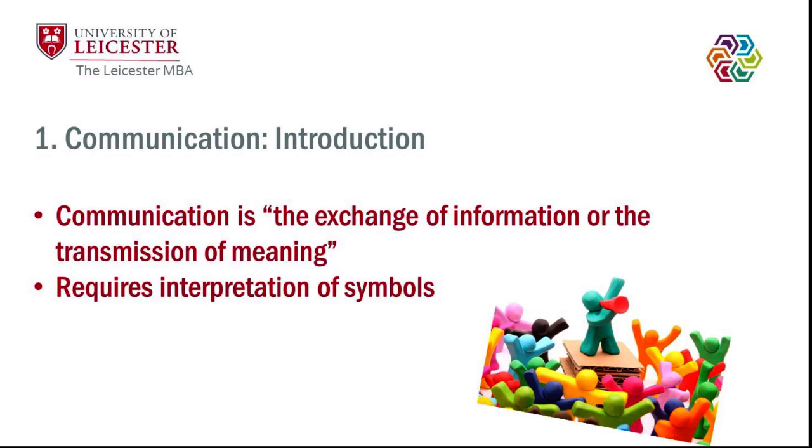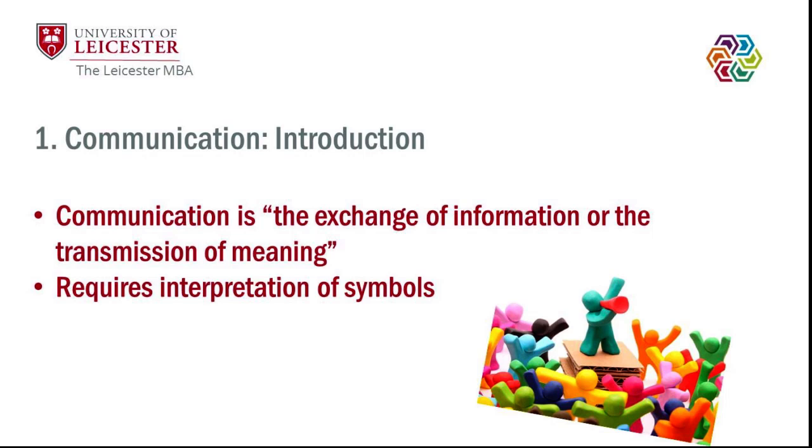But we also need to recognise that communication usually takes place for a particular reason. For example, it's often intended that the transmission of a message will lead to some change in the receiver. This change might be behavioural. In other words, the communication is expected to lead to some form of action. But in other cases, it might simply be desired to increase the level of knowledge that the receiver possesses.